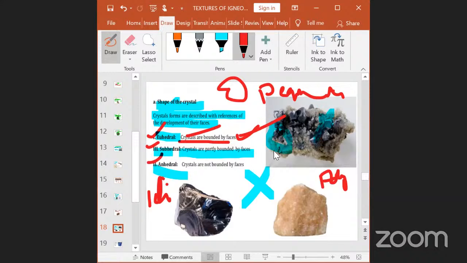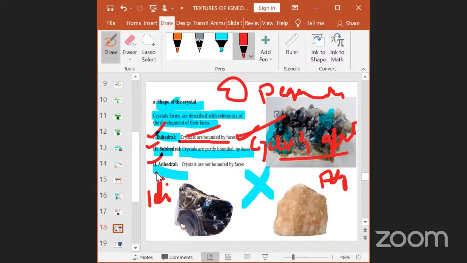For example, gabbro and granite. This hypidiomorphic granular texture is the commonest of the granular textures. It is also called granitic because it is mostly found in granitic rocks.